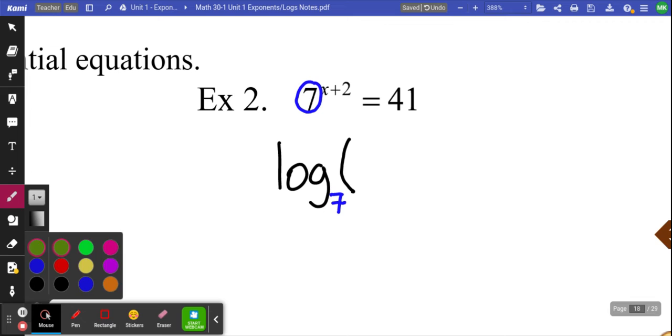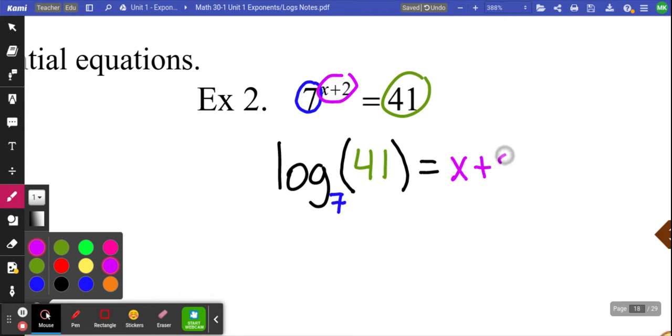Whatever was on the other side goes into the argument. And the exponent is now isolated. This exponent is x plus 2, not just x. So your last step would have to be subtracting that 2 to the other side.